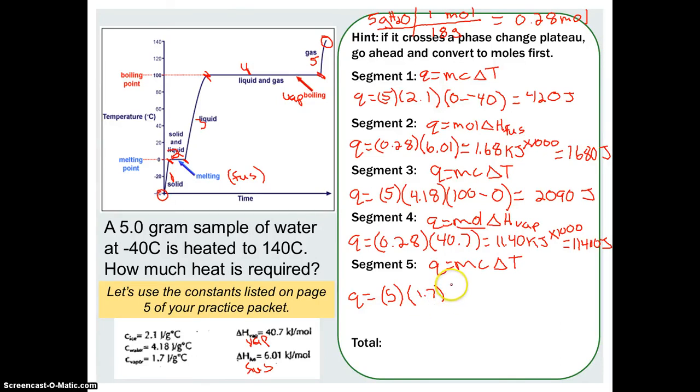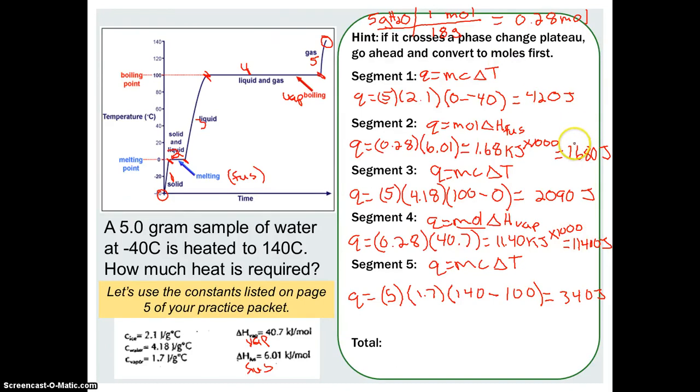And I want to use delta T. Now the final temperature is 140. And the initial temperature is where I ended my boiling, which is 100 degrees. I end up with here 340 joules.